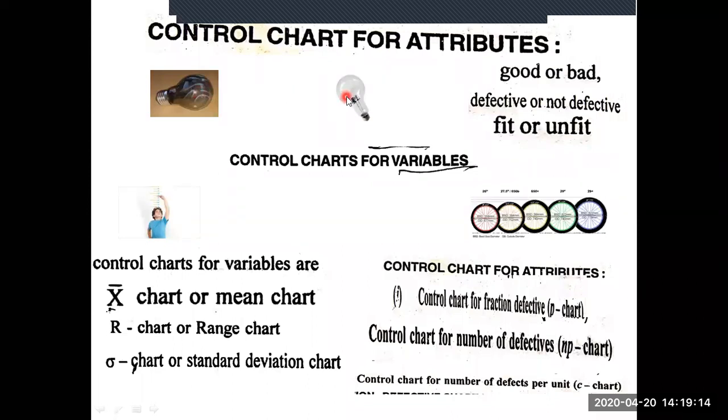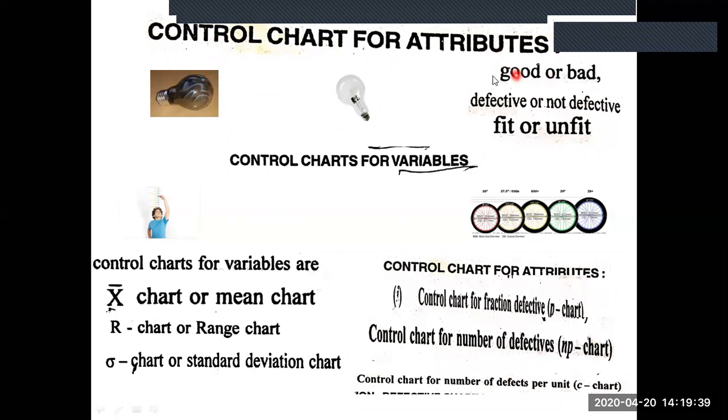This bulb is good. So there are situations where you cannot measure the product. You cannot measure the bulb length or diameter here. You can only say whether the bulb is defective or non-defective. For that type of situation you have to go for the control chart for attributes.